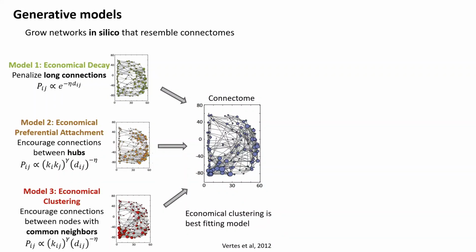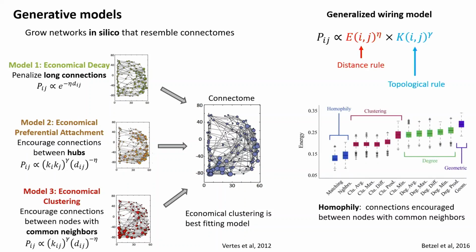Briefly, generative models are not really null networks per se, but they enable us to generate connectomes in silico. I'm not going to say too much about this, but they're based on a very simple probabilistic wiring rule where we have a distance constraint as well as a topological rule. By combining these two in a multiplicative way, we get a probability of adding a connection between a pair of nodes.